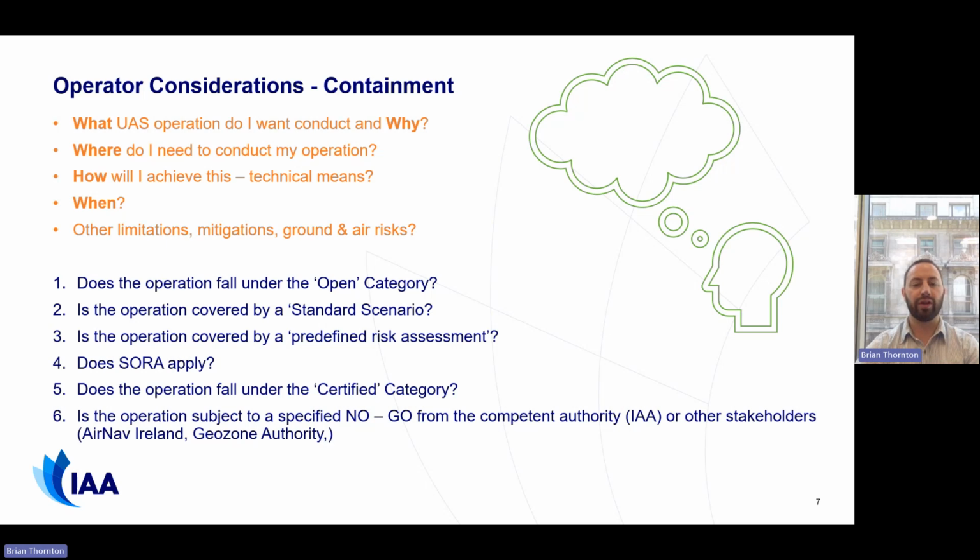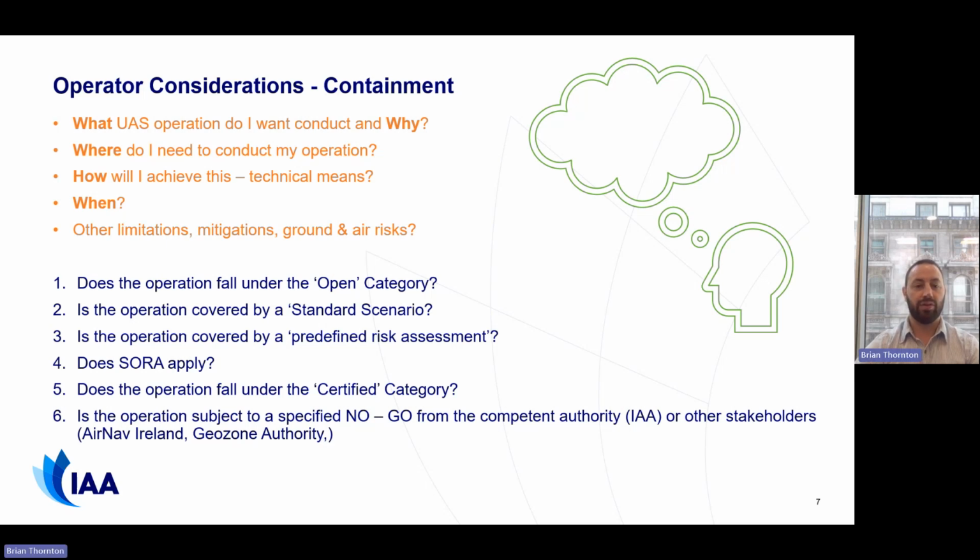There's a wide variety of UAS systems out there. But then also we have the safety mitigations, and we'll get into that a little bit later. When do you want to conduct it? Could be time of day, it could be weekends only, it could be nighttime, before dawn and so on. And then we can also consider other limitations, mitigations, ground and air risks.